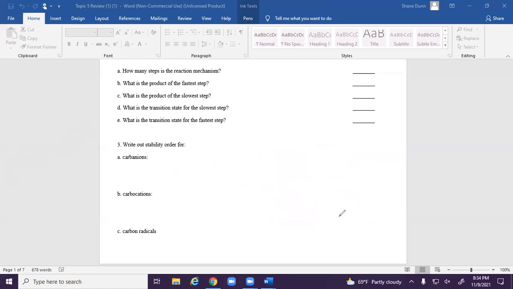For carbocations, it's the same first two, right? Benzylic and allylic. But then it goes tertiary, secondary, and lastly primary.